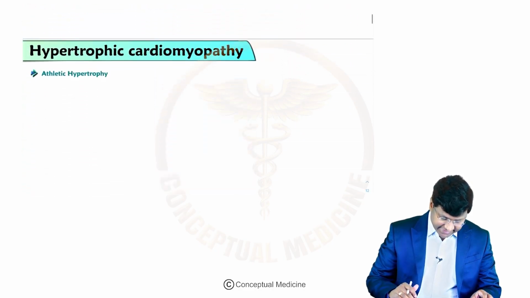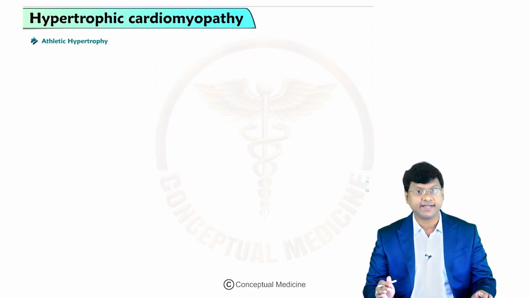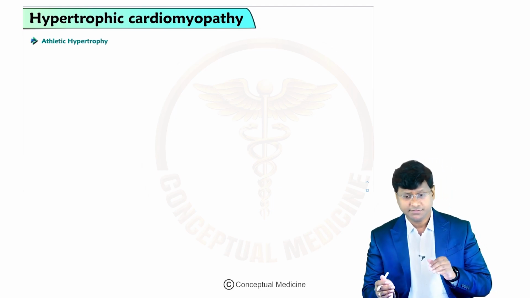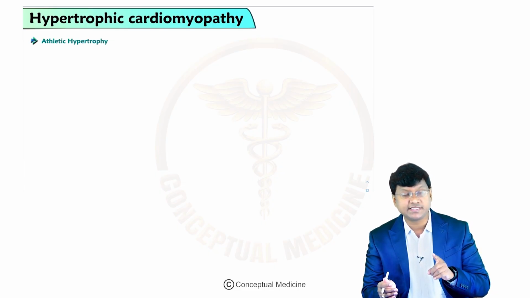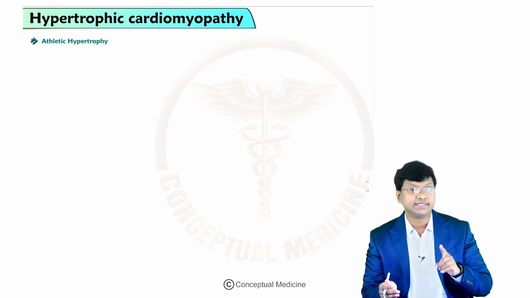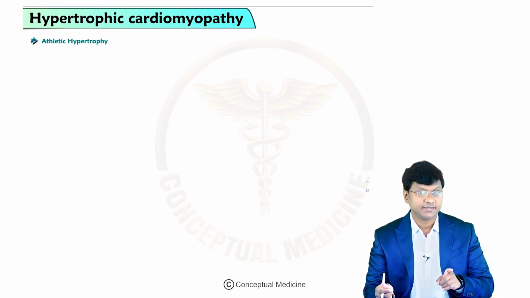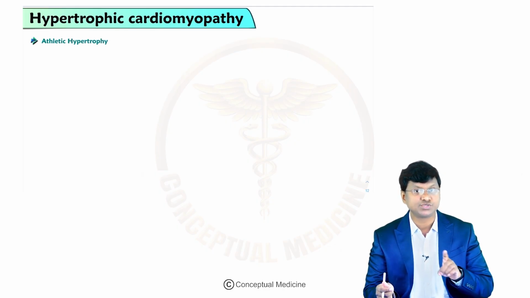Then, you need to know about athletic hypertrophy. See, elite athletes may demonstrate considerable hypertrophy that can be confused with hypertrophic cardiomyopathy. But in athletic hypertrophy, diastolic dysfunction is not present.